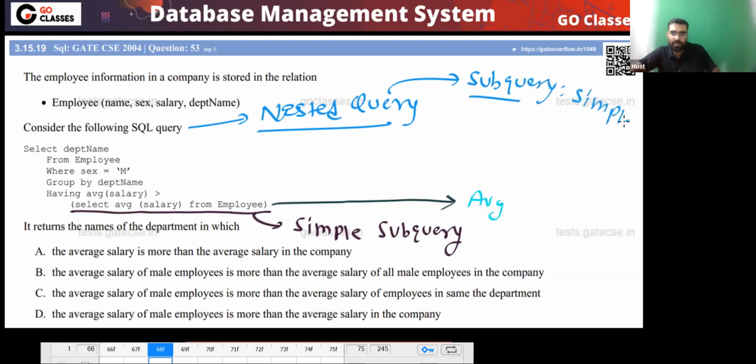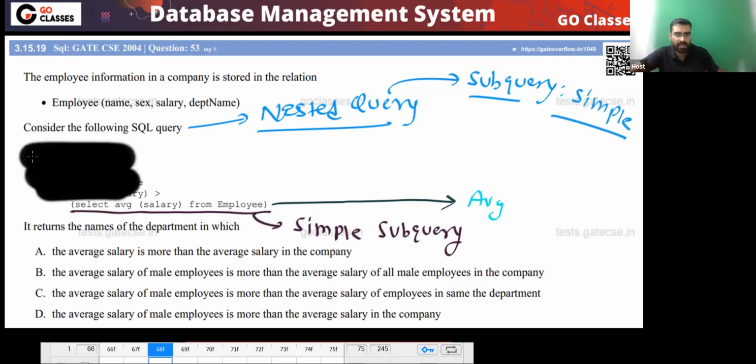Whenever you have a simple subquery, in that situation, you can remove the outer table. Forget about the outer table and just focus on this.